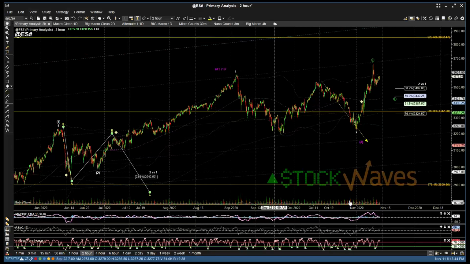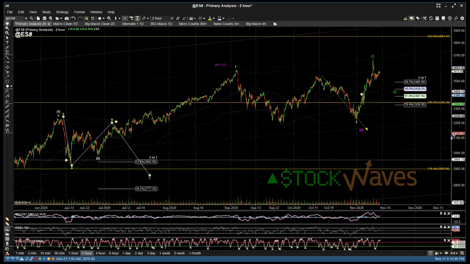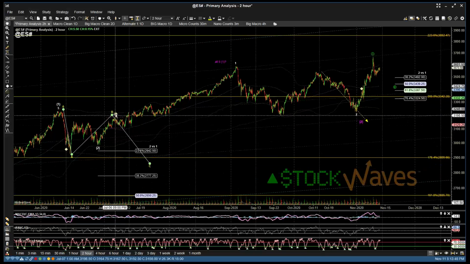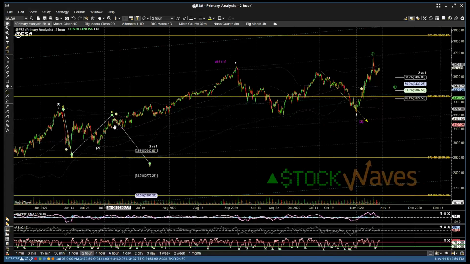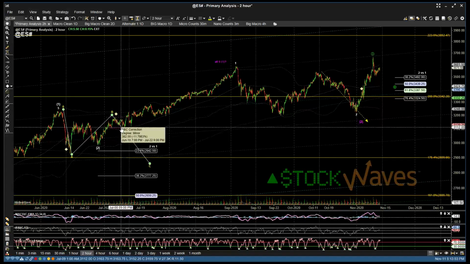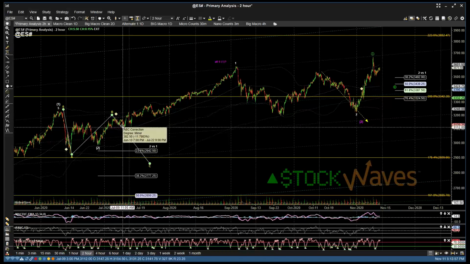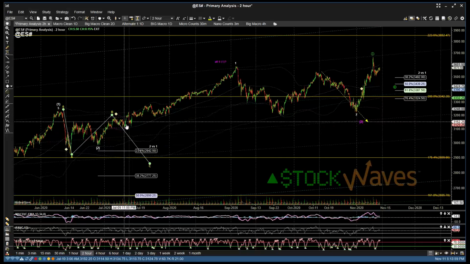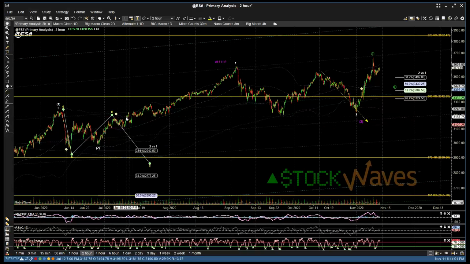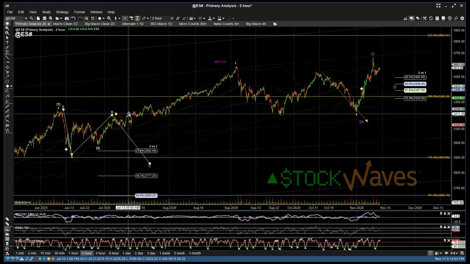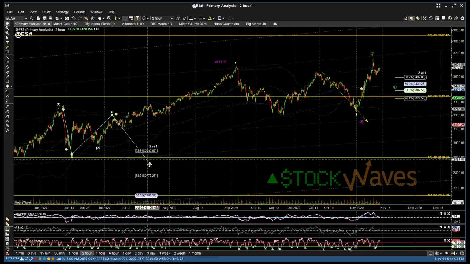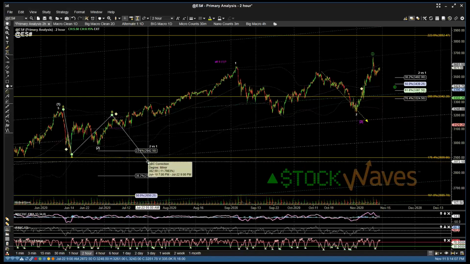And once we started to take out, I left these purple lines here as the possible resistance region that we are focusing on, because we did have a possible initial move down off of that high. And once that prior high was taken out, I said technically a B wave is still valid, but it made this potential much less likely.